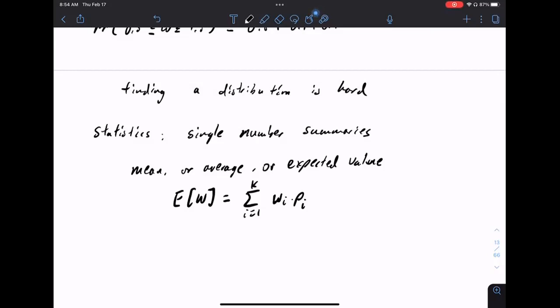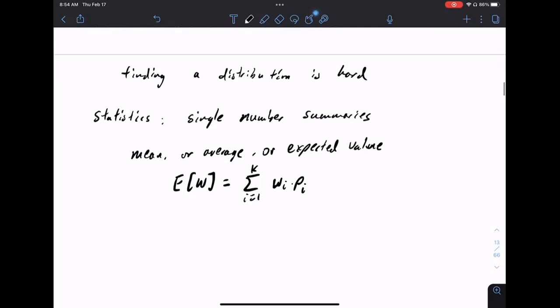Often we'll compute this number, just doing this sum. So you have to use a value weighted by the probability. We'll also do this calculation a lot for wind power.